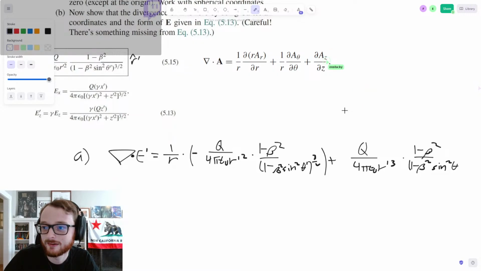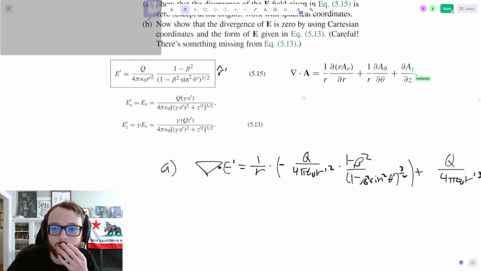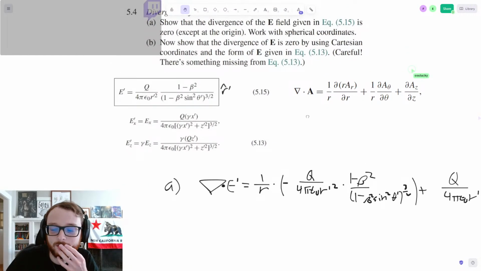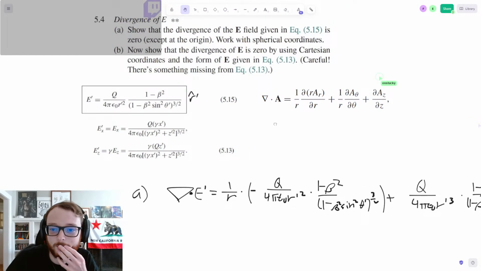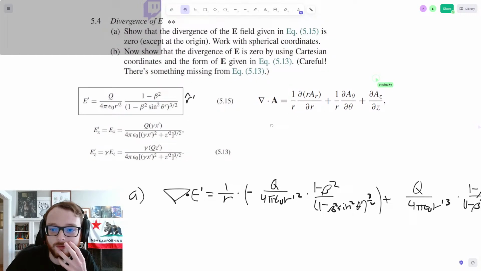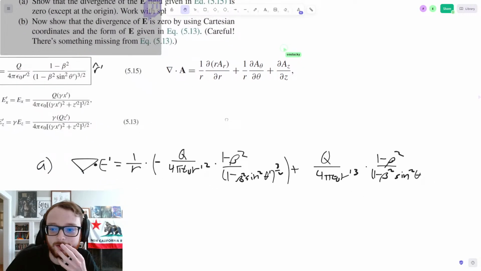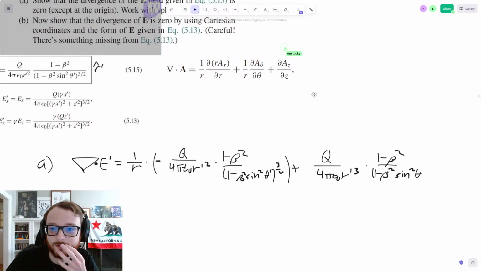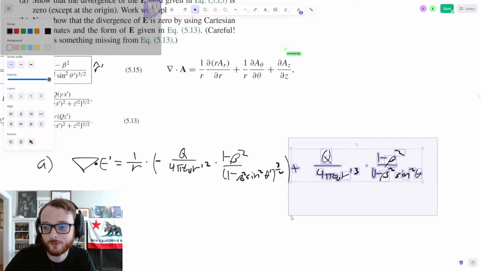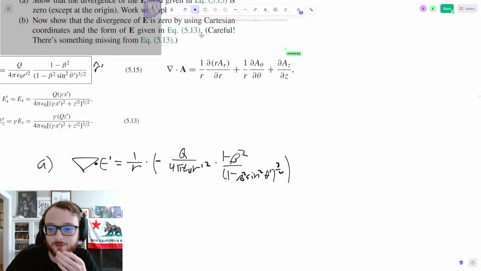This field. Oh, this is the magnitude in formula 5.15. Right, yeah. Okay, good catch. So does that mean that our first term is only 0 then? Yeah, that's concerning.